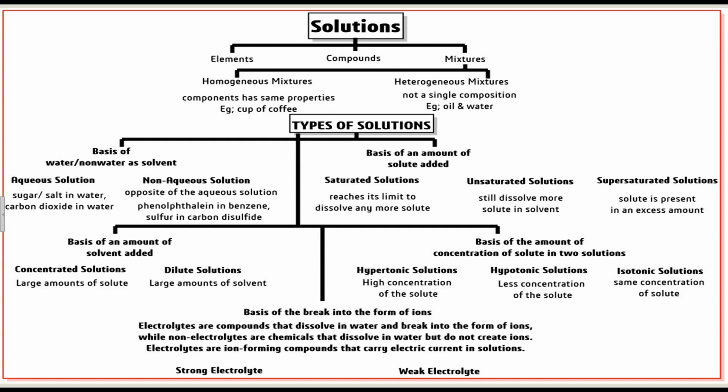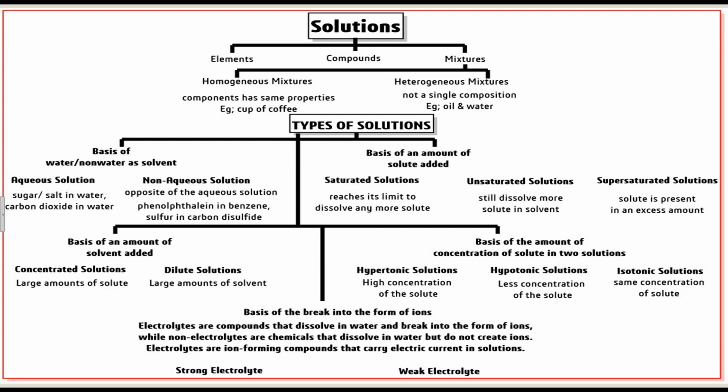Last one is electrolytes. What is an electrolyte? Electrolytes are compounds that dissolve in water and break into the form of ions. When they break into ions, we can divide the solution again into two types: one is strong electrolyte, another one is weak electrolyte.